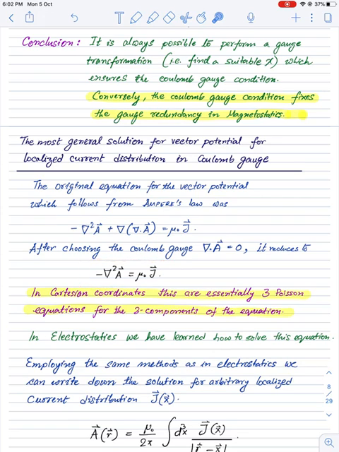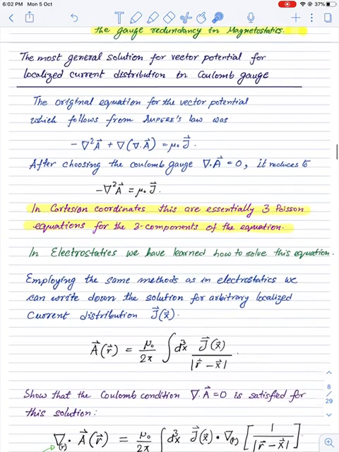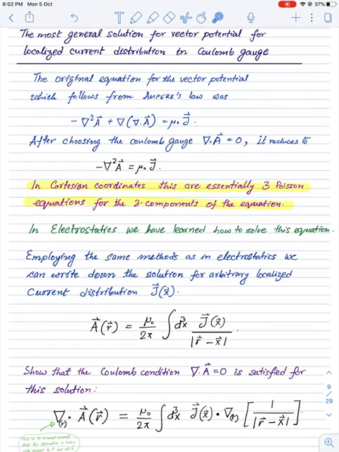But if we don't make some complicated coordinate choice and stick to Cartesian coordinates, it is always possible to choose them, given that all our discussion is in flat Euclidean space. And once we choose Cartesian coordinates, this set of equations reduces to three Poisson equations.